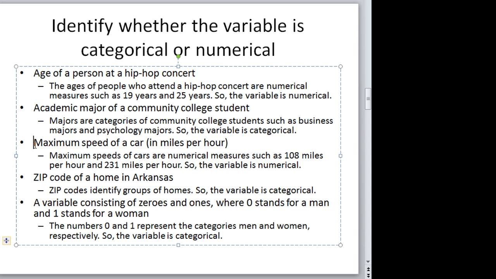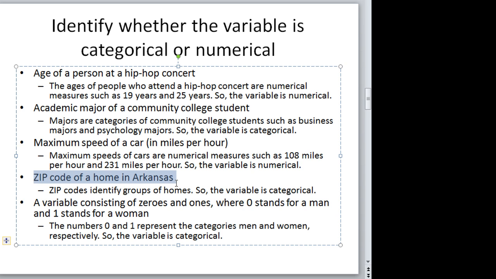All right. What about the maximum speed of a car, in miles per hour? Well, speed is also a number form, right? Speed is a number. So if it's a number form, that's going to be a numerical or quantitative variable.